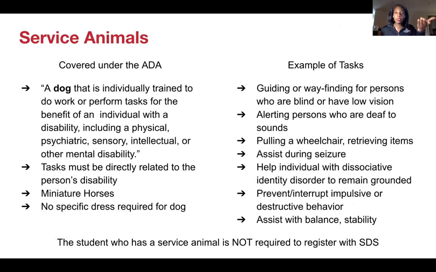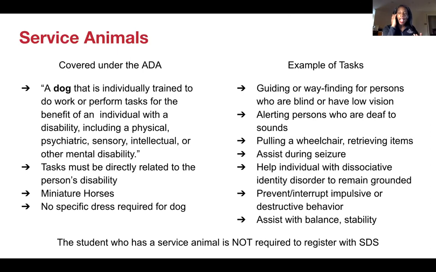And so, you're seeing that in this example here of a specific task that the animal may perform. Legally, we are not allowed to ask for documentation of the animal, and we are not allowed to ask the person to have their animal perform the task.